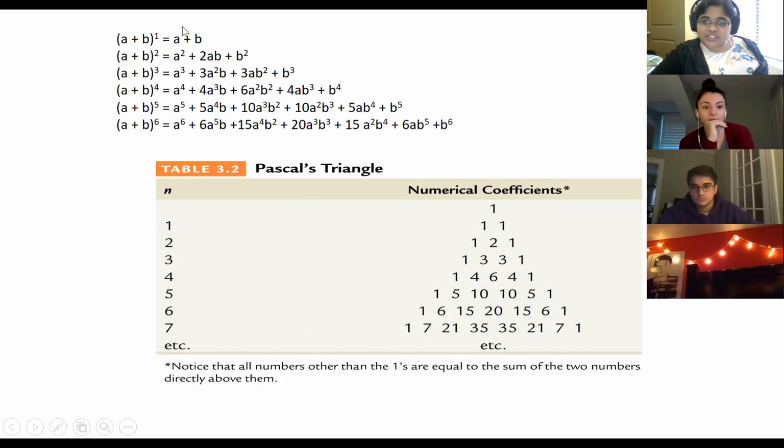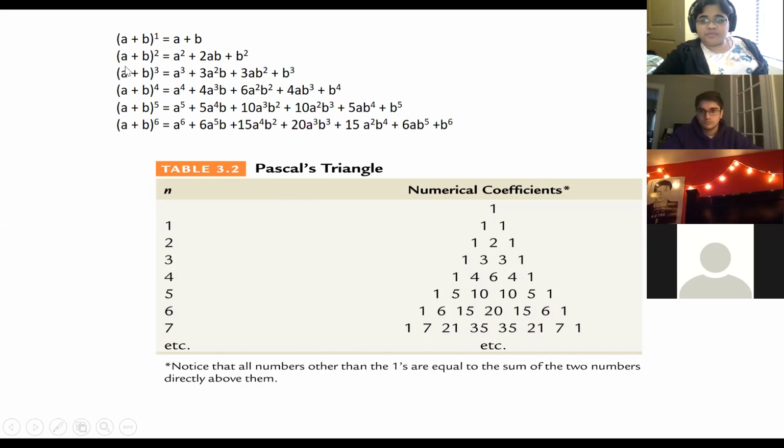With each of the terms, when you go through, the exponents change in a pattern. For example, if you have the exponent 3, you start off with the first term having a to the 3, and then you go down: a to the 2, a to the 1, a to the 0, which is 1, so you don't actually put a in there.